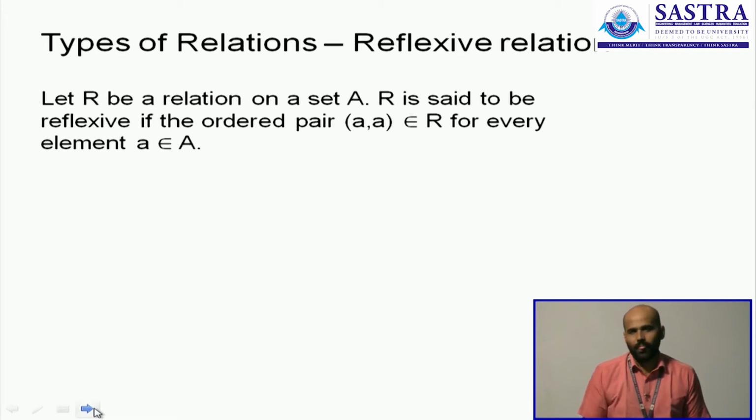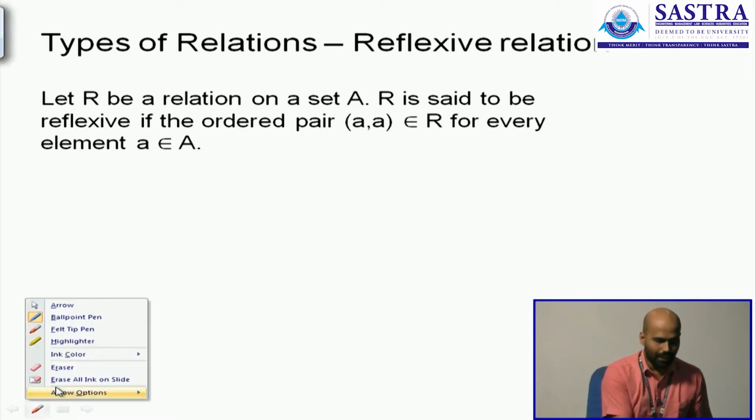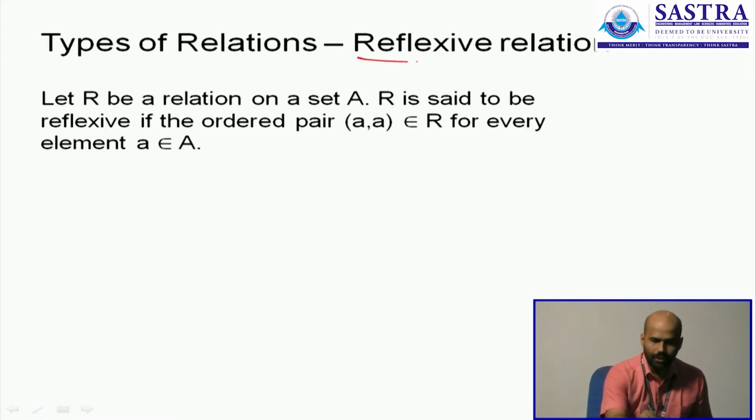We are going to look at a few important types into which you can classify a relation, and the first of them is this. We call it the reflexive relation.